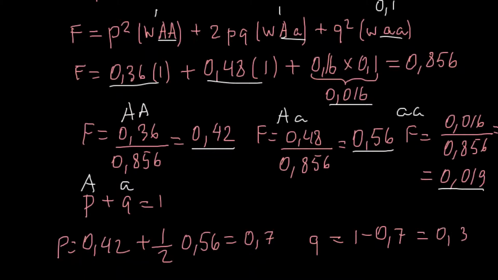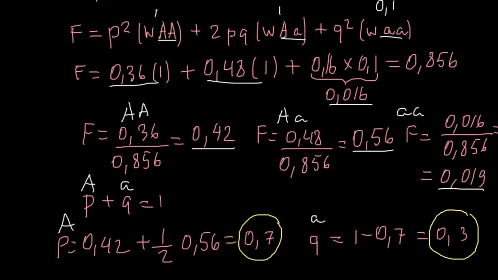And this is going to be the frequency of the dominant allele A, and this is going to be the frequency in the new F1 generation of the recessive allele, that is small a. So this is our answer for the dominant allele capital A, and here is our answer for the recessive allele, small a.